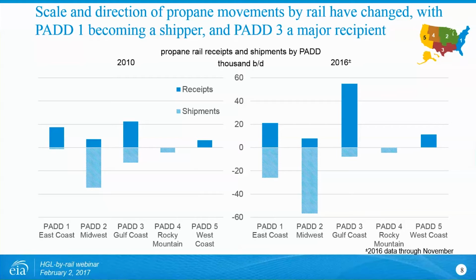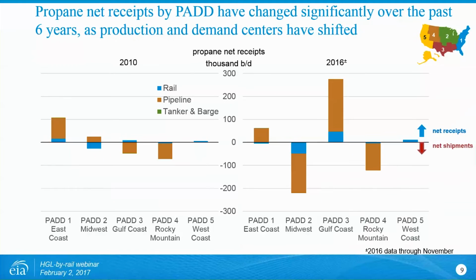So there's a lot of movement, and a lot of that, if you look at our tables, which Arup had shown previously, you will see that a lot of the movement is indeed pad 2 to pad 3. So how does that stack up against other modes of transport?